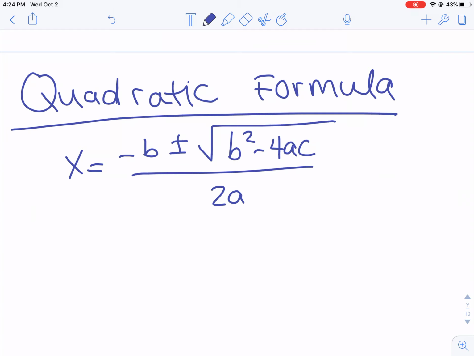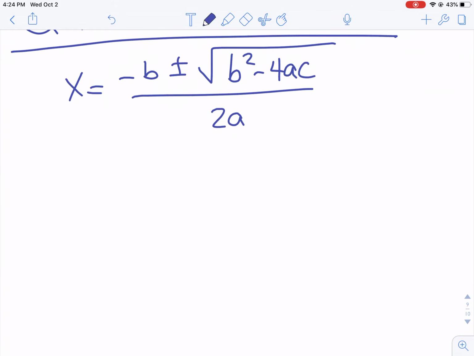So here we are. x equals negative b plus or minus the square root of b squared minus 4ac all over 2a. If I give you the problem x squared plus 5x plus 1 equals 0, which if you remember correctly was that example we did a little bit ago.